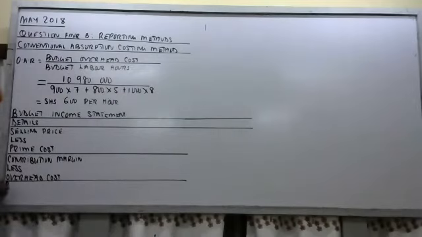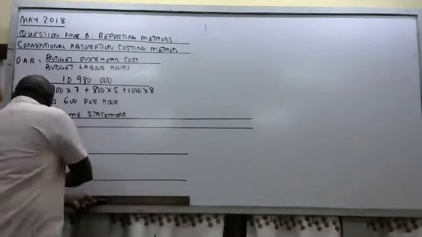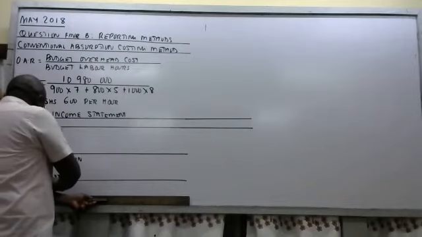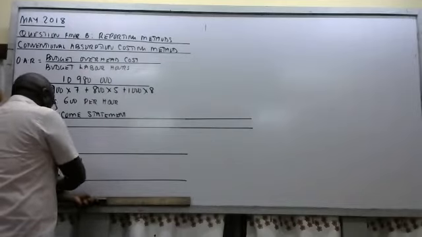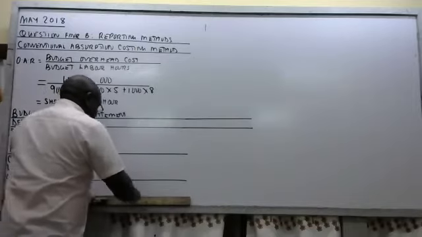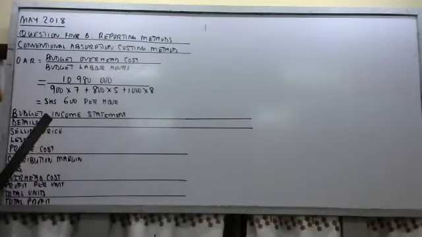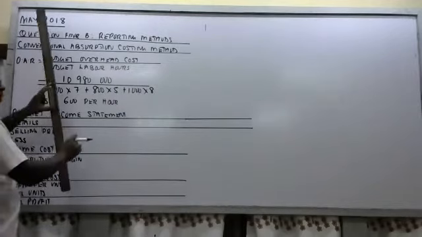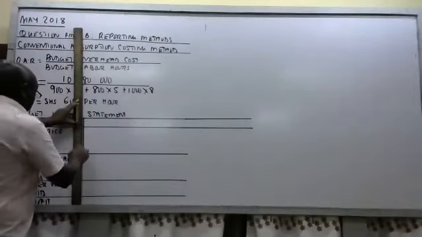Then you get profit per unit, total units, and total profits.